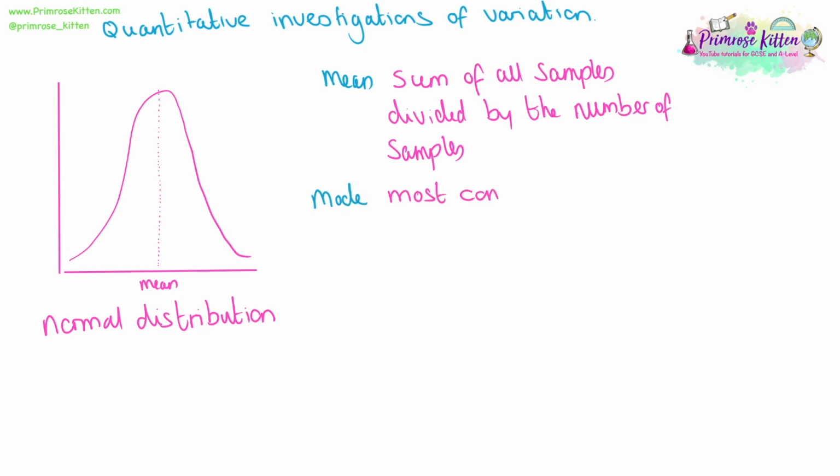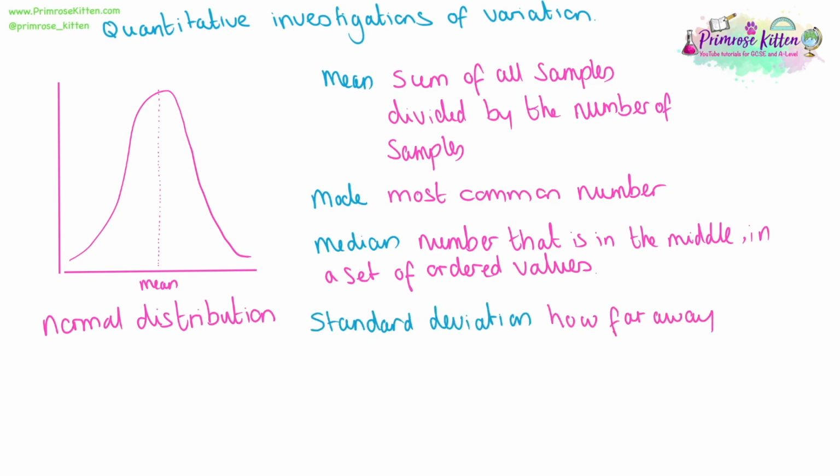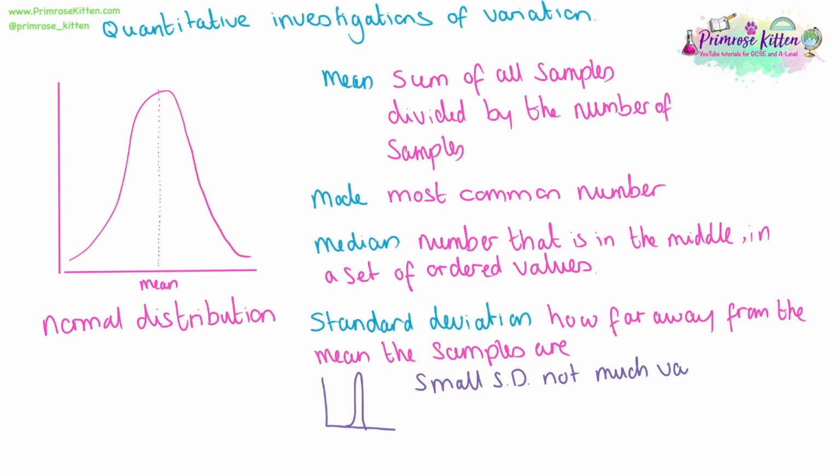The mode is the most common number, and the median is the number in the middle, in an ordered set of values. Standard deviation is how far away from the mean something is. So if we have a small standard deviation, there is not a large variation. But if we have a large standard deviation, then there is a lot of variety.